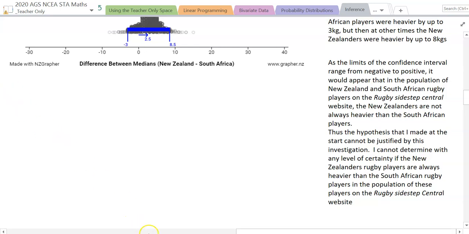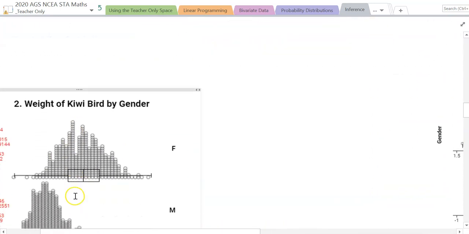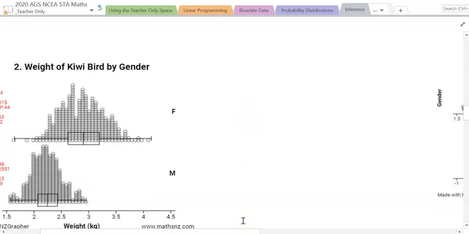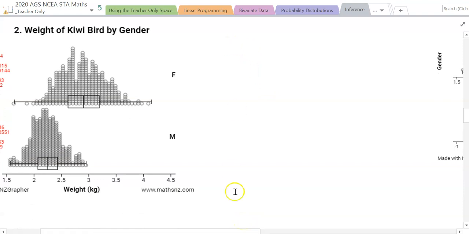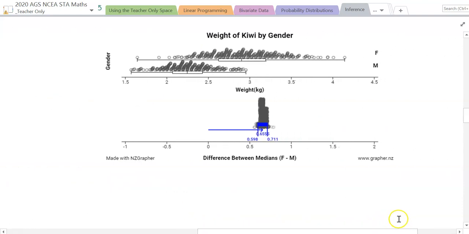Now, what you're going to need to do is I have given you these diagrams again. I've left a space over here in the middle for you to put your question and hypothesis in here. And then next to it, I put the bootstrap confidence interval graph.